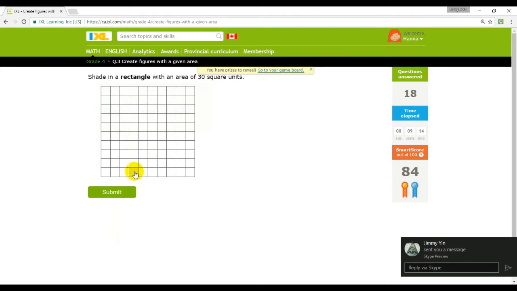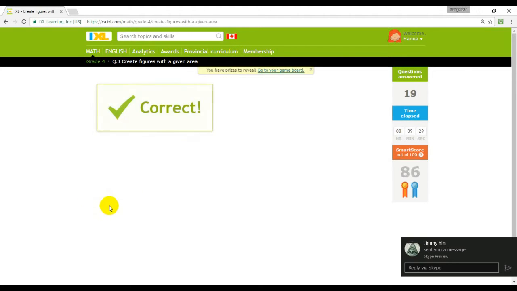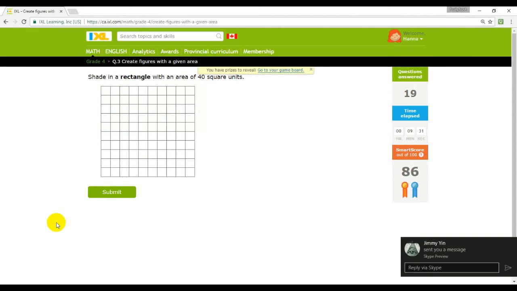Okay, shading a rectangle with an area of 30 squares. So that would be 3 10s. Obviously, that's like the easiest thing. Shading a rectangle with an area of 40 square units.